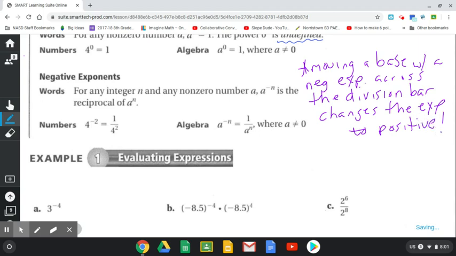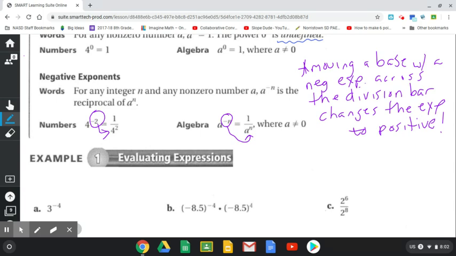Okay, so this negative 2, when we put it in the denominator, became a positive 2. This negative n became a positive n.